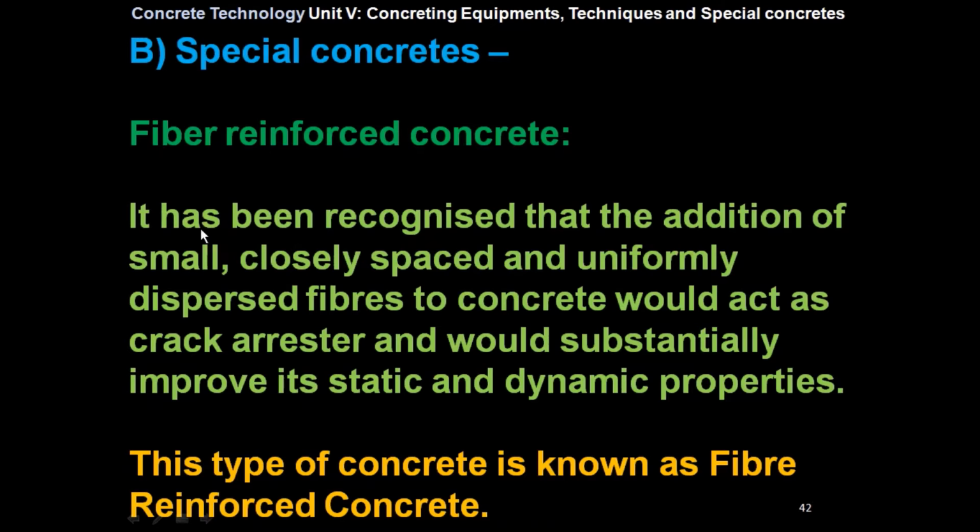It has been recognized that the addition of small, closely spaced and uniformly dispersed fibers to concrete would act as crack arresters and would substantially improve its static and dynamic properties. This type of concrete is known as fiber reinforced concrete.